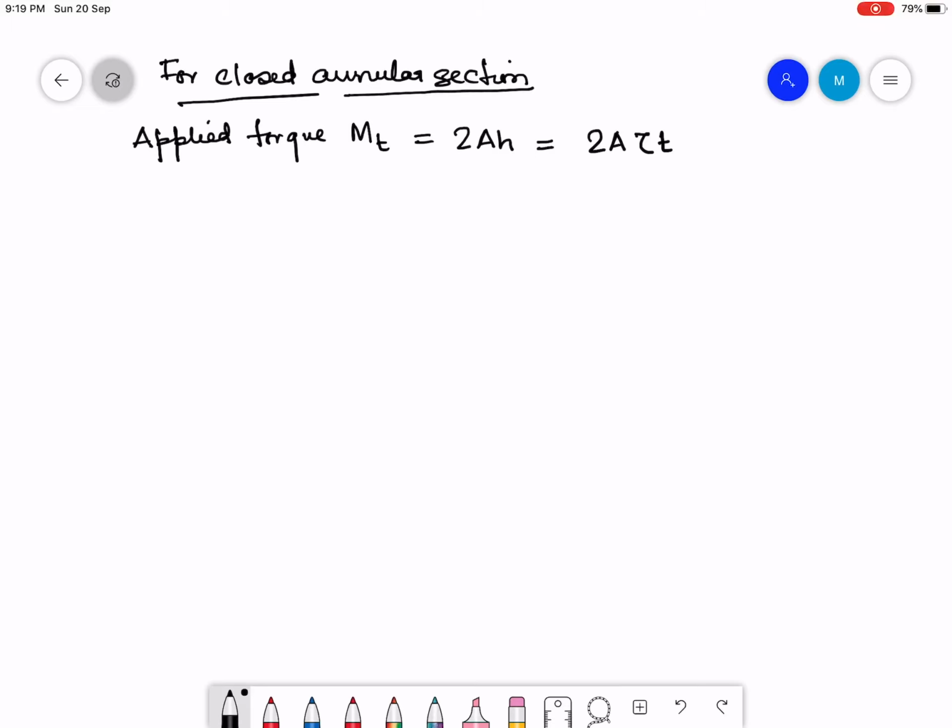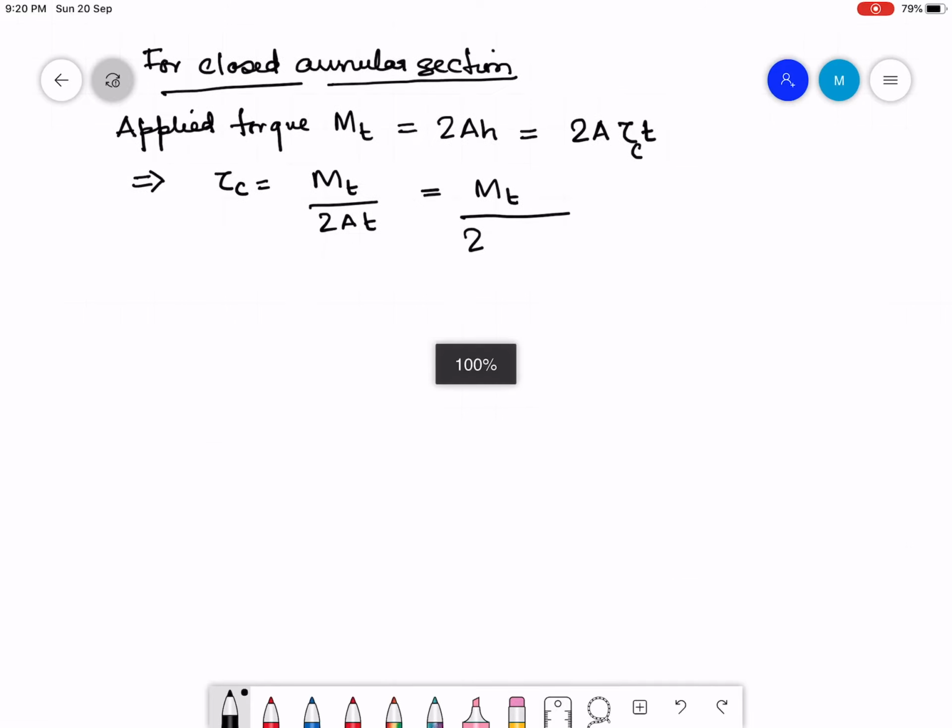Now let me write this tau as tau c, where c stands for closed cross section. So we can write tau c as mt by 2At, which is going to be mt by 2, where A is the mean area, so that is pi by 4 d square, into t.